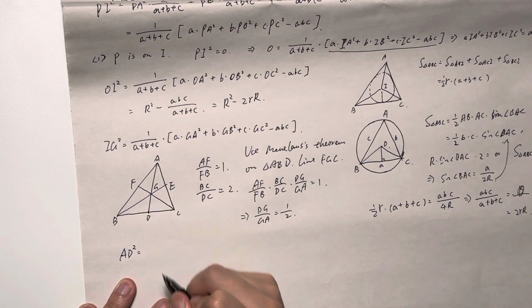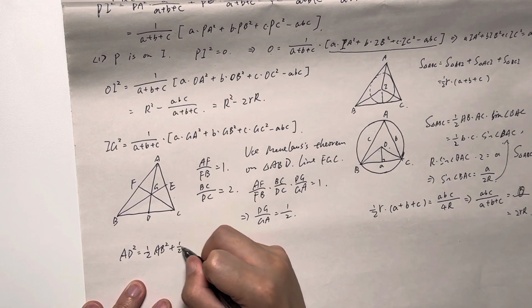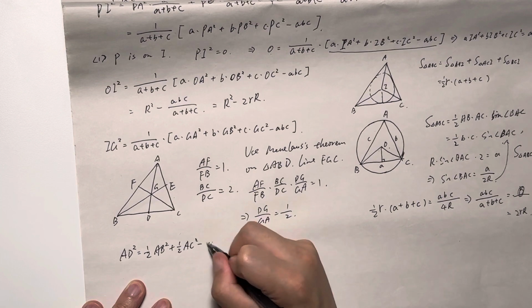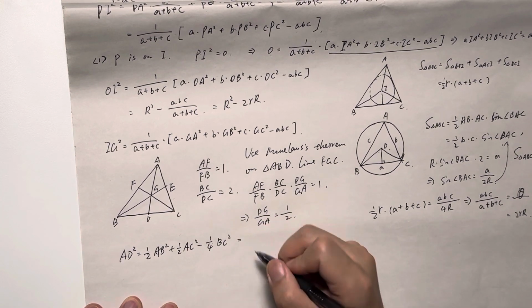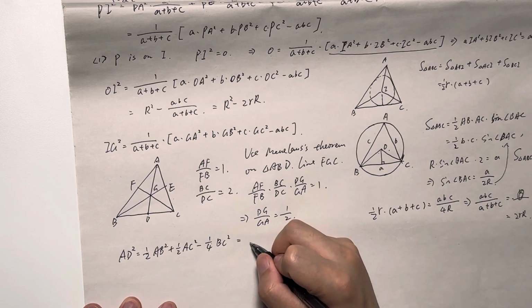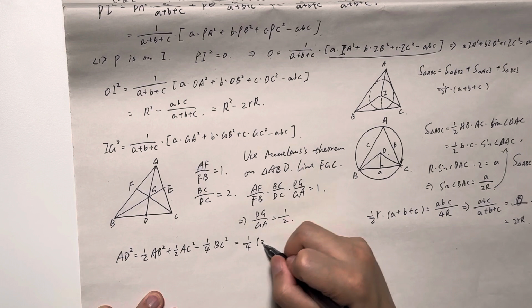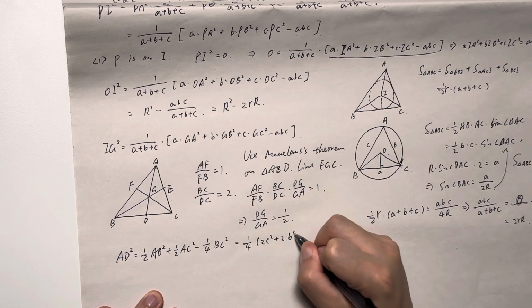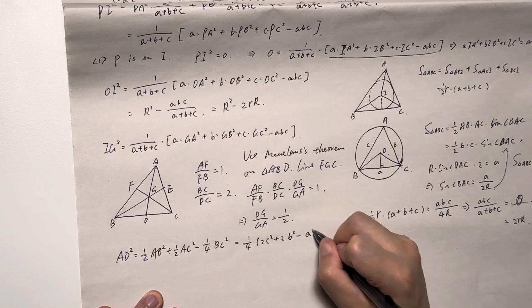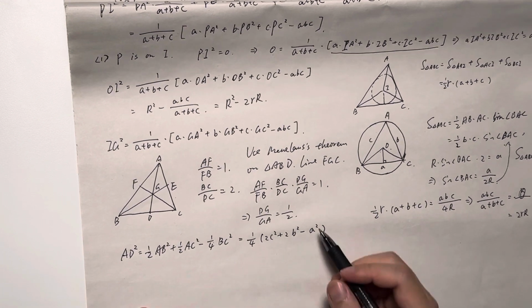So AD squared equals half AB squared plus half AC squared minus a quarter of BC squared, right? Let's just write as this one: 2c squared plus 2b squared minus a squared over 4. Right, that's AD squared.